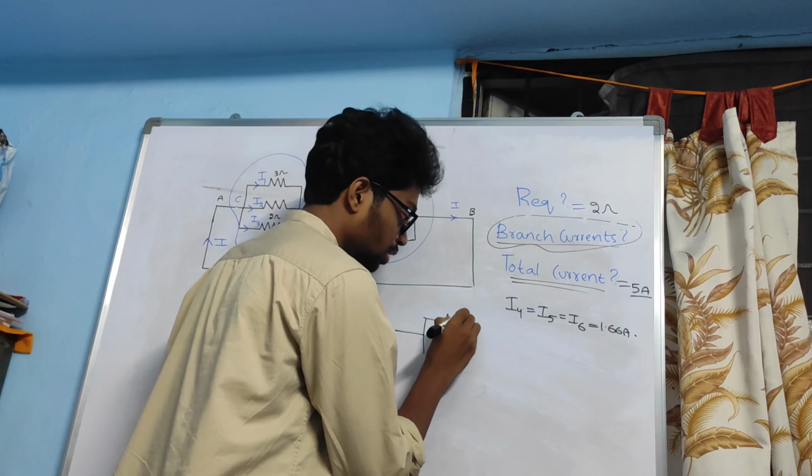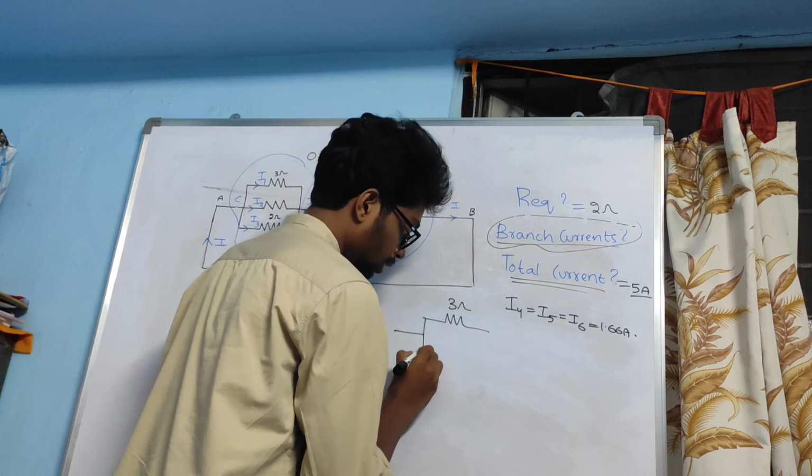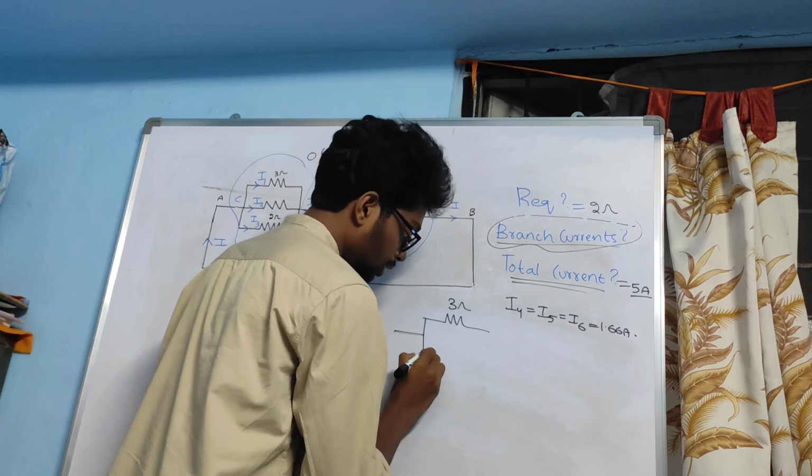Okay. This is 3 ohm and this is 2 ohm connected in parallel. Here comes the I1 current. Here comes the I2 current. This is I1 plus I2. Friends, generally we find some problems when we do this kind of problems.